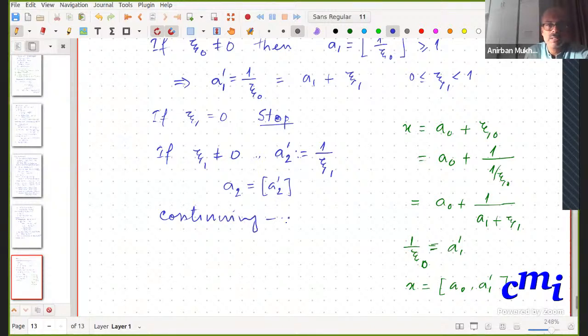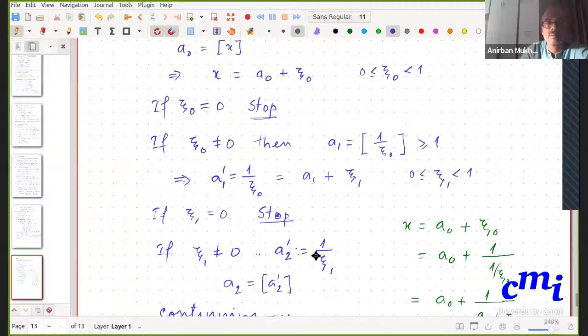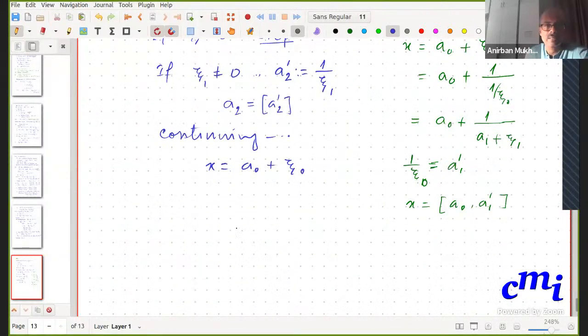So continuing in this way, what we would get is x is, let me write this, a naught plus xi naught. That's the way we started, a naught plus xi naught. Then 1 over xi naught is equal to a1 dash, which is a1 plus xi1.